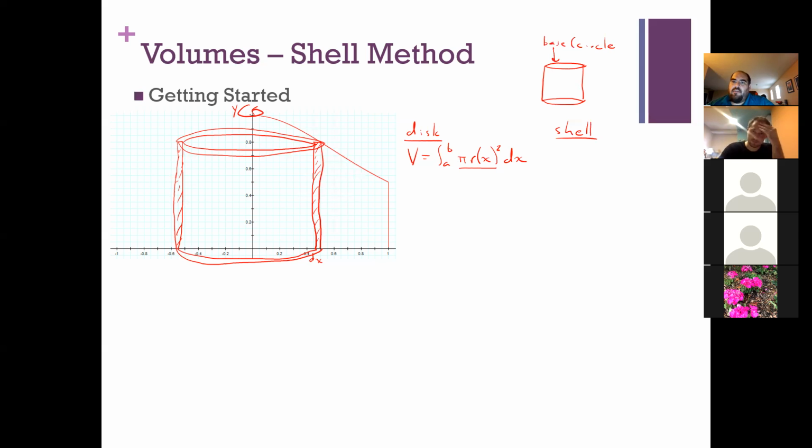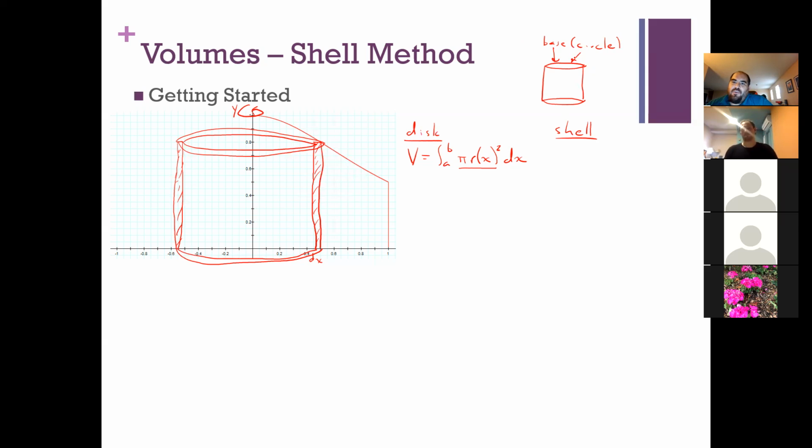And that is why we're integrating over the area. So basically, with the disk method, as our x value, or whatever our independent variable, increases, what we're doing is we're adding these very, very thin volumes, but we're adding them to the base.